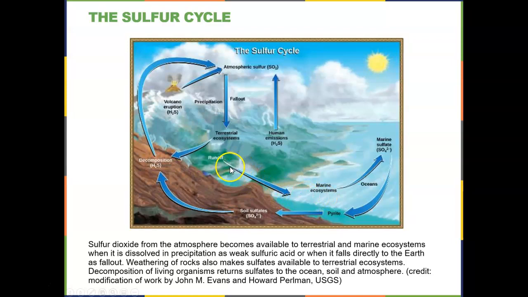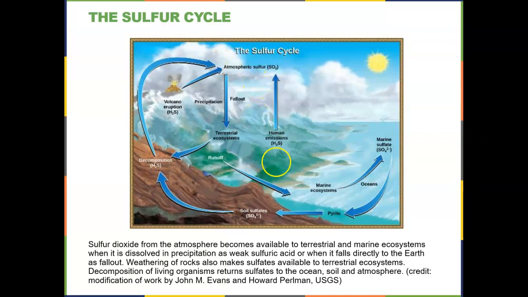Then living things can take up the sulfur components, so plants, then animals, etc., and when the terrestrial living things die, they decompose, and we see a return or a breakdown of sulfates back into atmospheric sulfur. Now we can have some additional sulfates added because of volcanic eruptions, which can put some sulfur into the atmosphere.